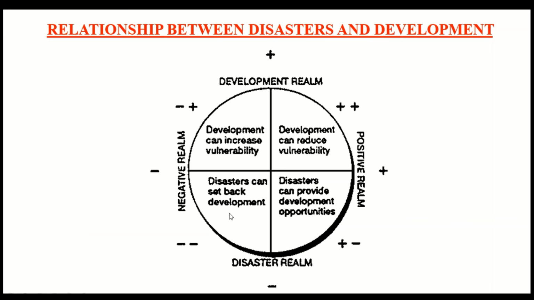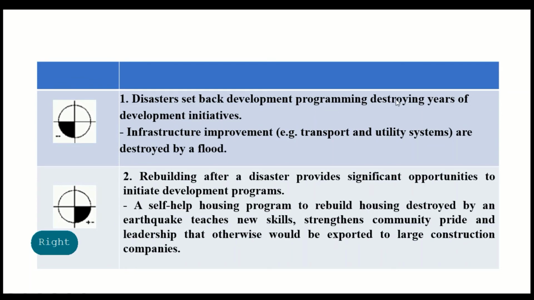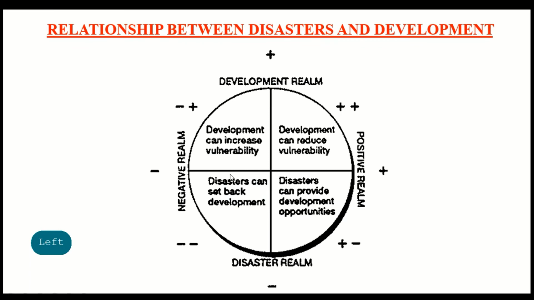Disasters can set back development. Disasters set back development programming, destroying years of development initiatives. If road improvements, transportation and utility systems, or infrastructure improvement plans, or the development initiatives taken in this infrastructure improvement are destroyed by a flood or some other disaster, that comes under this phase, disasters can set back development.